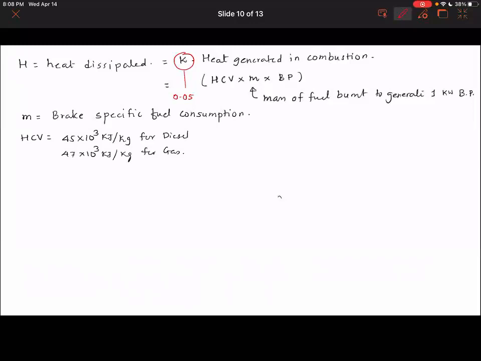So there are two ways to handle this problem. We can design based on the strength criteria and check based on the heat dissipation criteria. Or we can design based on the heat dissipation criteria and check from the strength criteria.